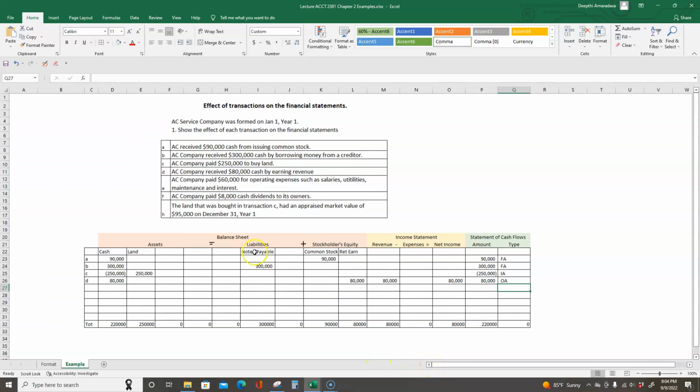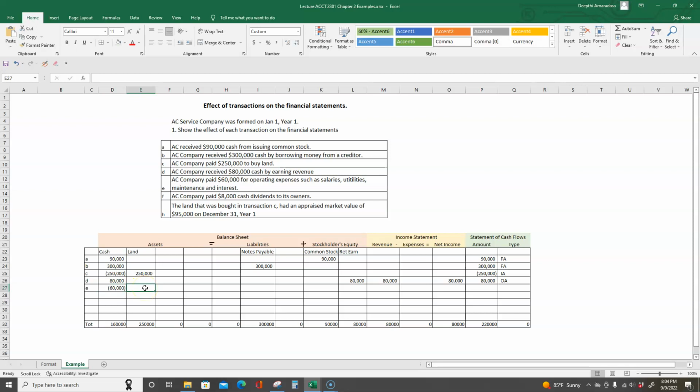Now, let's go look at the next transaction, transaction E. It says AC Company paid $60,000 for operating expenses, such as salaries, utilities, and so on. So we know that if we paid for expenses, our cash decreased, so I'm going to say cash decreased by $60,000.